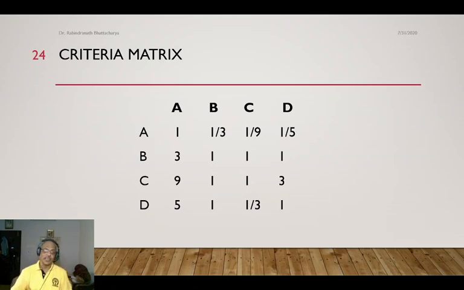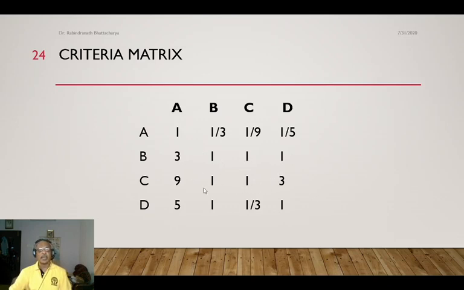So let us do an example. The criteria are A, B, C, D. A compared to A is 1, A to B is 1/3, A to C is 1/9, and A to D is 1/5. Similarly, if we take B, B to A must be 3, B to B must be 1, B to C, let it be 1.